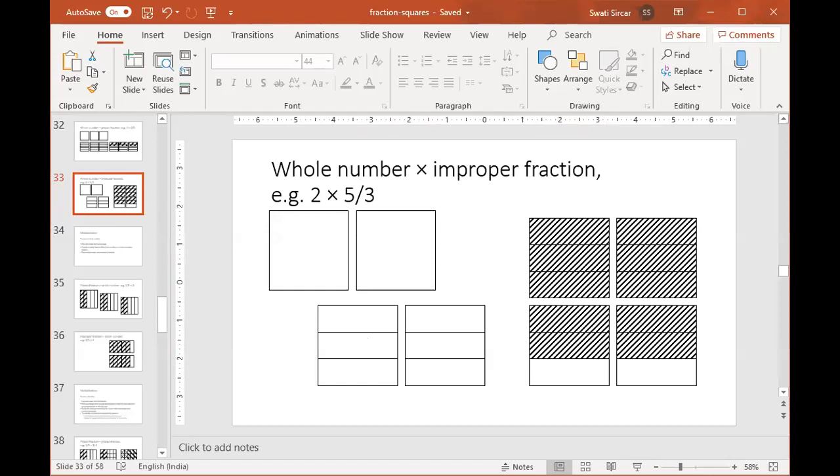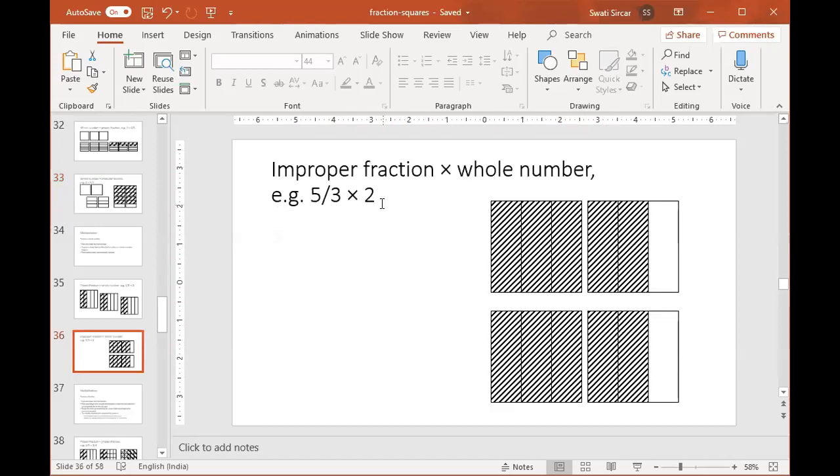So we should do both with children, depending upon which you are doing. If you are doing whole number times improper fraction, then it is this. If you are doing improper times whole number, then it is this. It should be emphasized that they are two different things with different starting points.